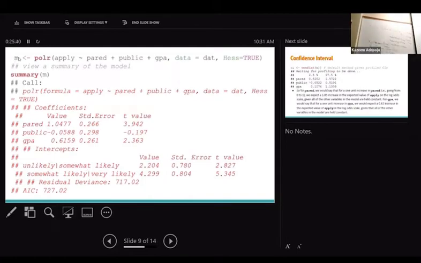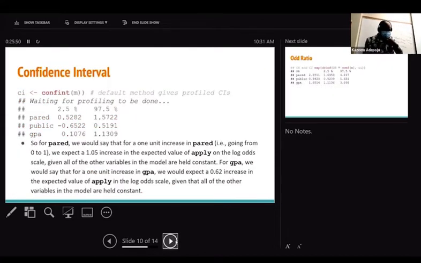I want to get a confidence interval, the same way we always get a confidence interval, just confint. When you do confint, you're going to have the confidence interval for the parent status, the public, and the GPA.